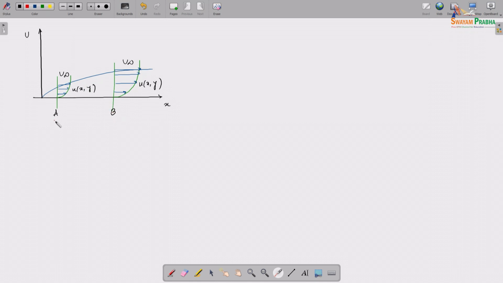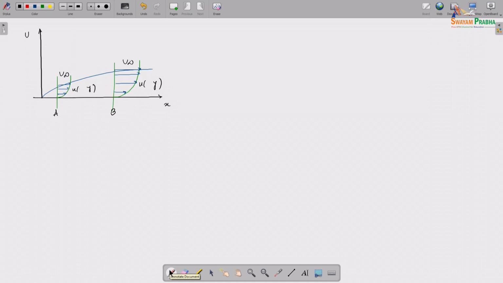When I look at the velocity profile at A, I'm fixing my x, so the variation is predominantly in the y direction. Hence I can take that out and write this in this fashion. This doesn't necessarily mean that it does not change in the x direction. It does, but we use the similarity conditions.